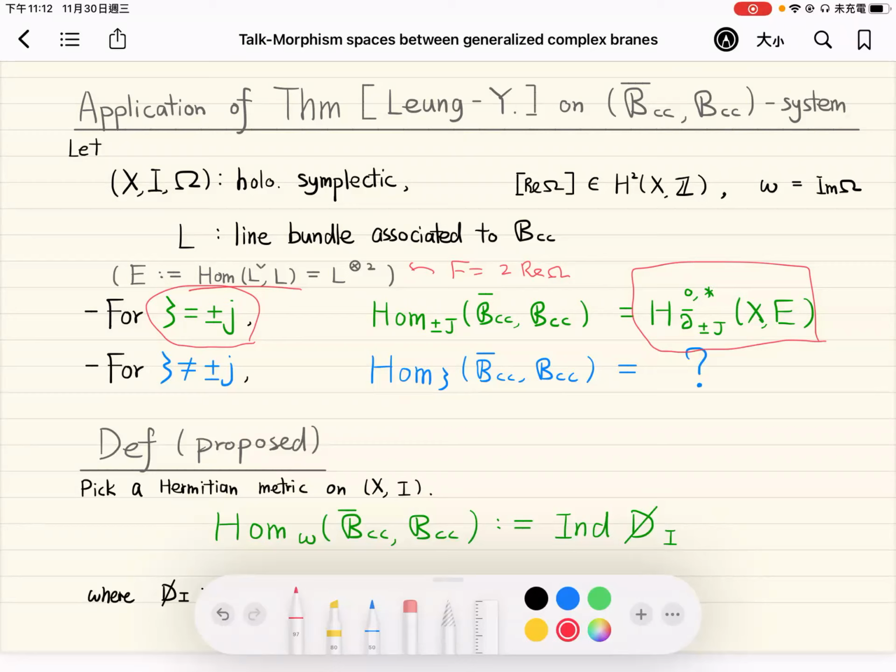Maybe we cannot talk about the cohomological level, but maybe we can use the space of supersymmetric ground states to model this morphism space. So we need to pick a Hermitian metric on the complex manifold. Once we have this metric, we define the morphism space for the BCC bar BCC system, as a pair of A-branes, as the index of the Dirac operator.